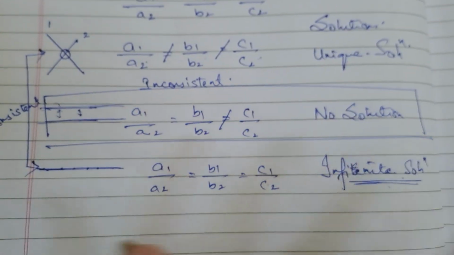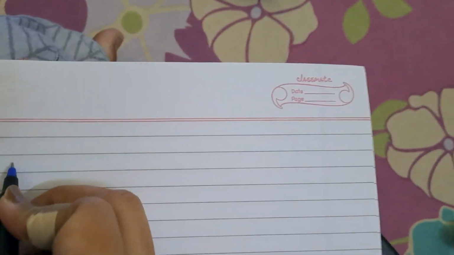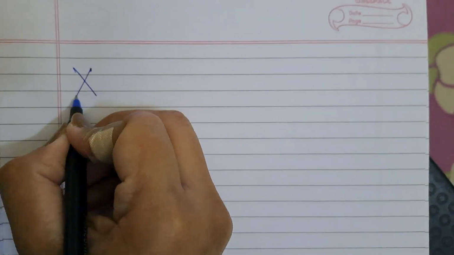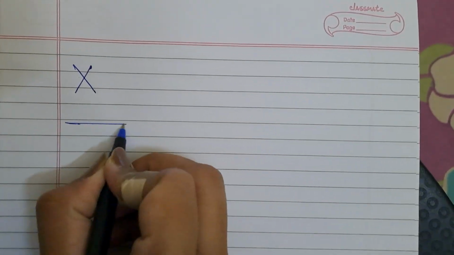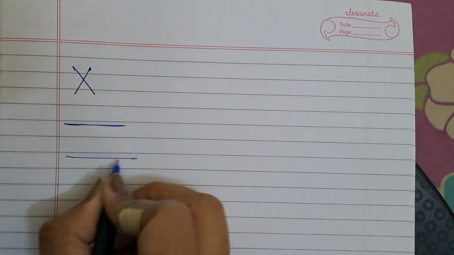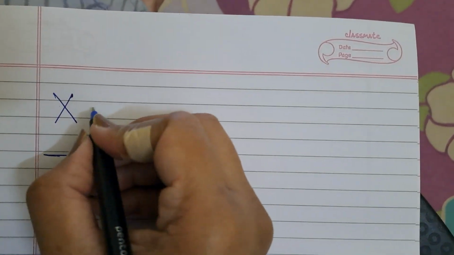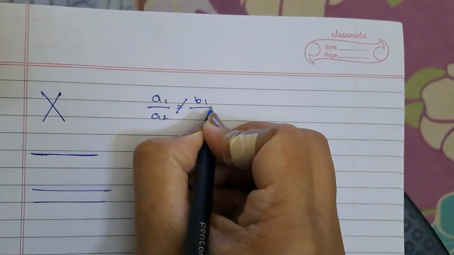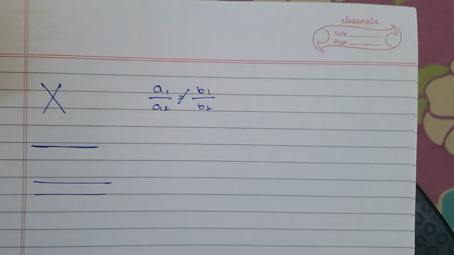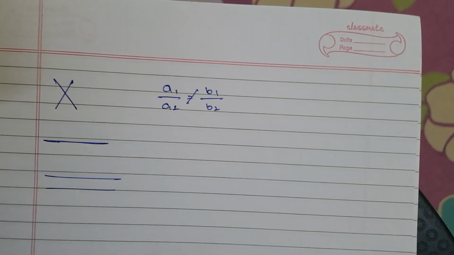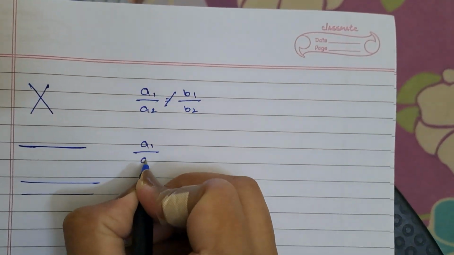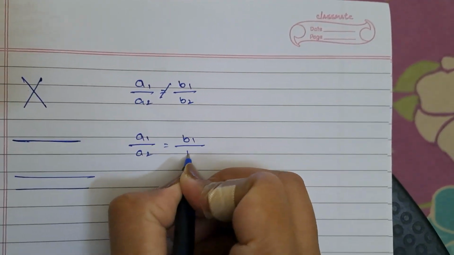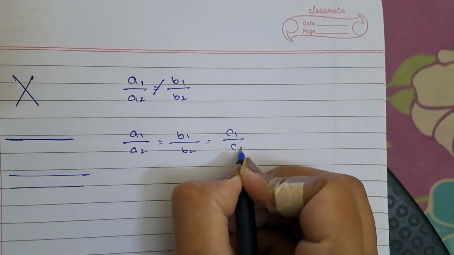Okay, now let's do a quick recap of these. We have three sets of lines: the intersecting lines, the coincident lines, and the parallel lines. The condition for intersecting lines is a1 by a2 is not equal to b1 by b2, and I'm not even considering the c part. For the coincident lines, everything will be the same: a1 by a2 is equal to b1 by b2 is equal to c1 by c2.